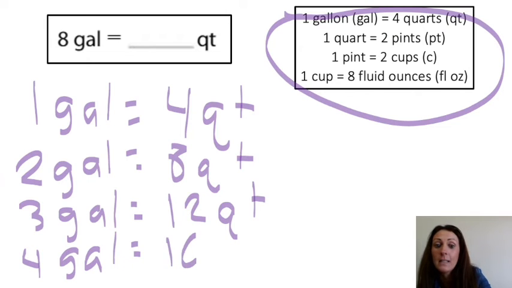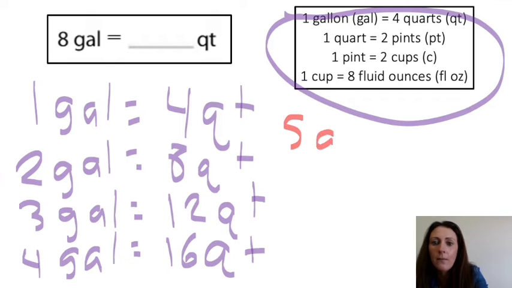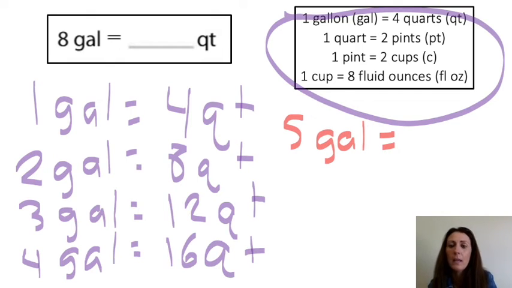Right, 16, good. And then I would continue. If I had 5, let me change my color so it could go over here. If I had 5 gallons, how many quarts would that be? Let me skip count. 4, 8, 12, 16, 20.